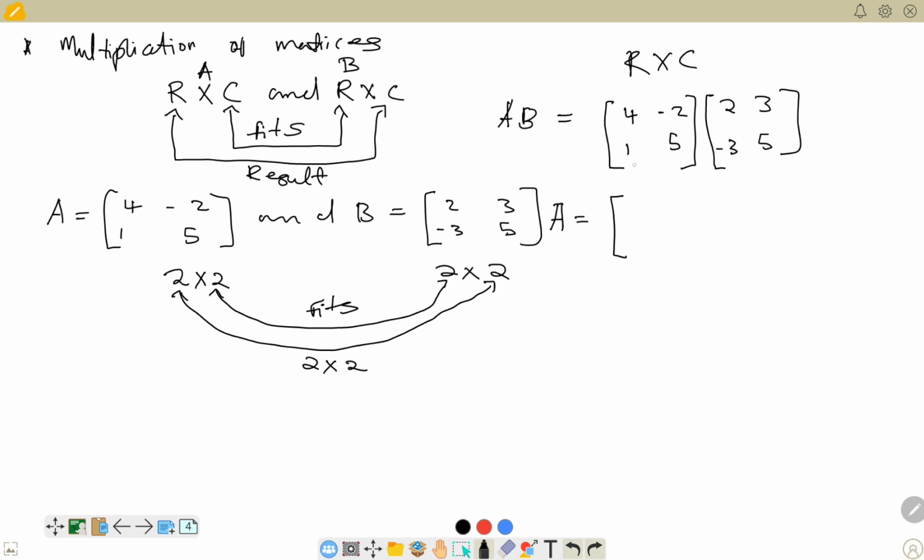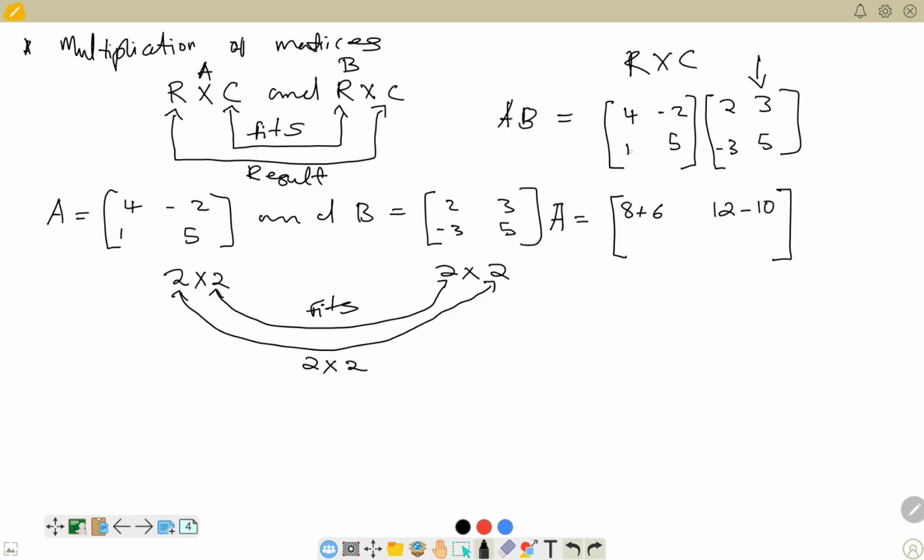So we said 4 times 2 was 8, and negative 2 times negative 3 was plus 6. We are still on the first row of matrix A. Now we multiply here. So 4 times 3 is 12. Negative 2 times 5 is minus 10.